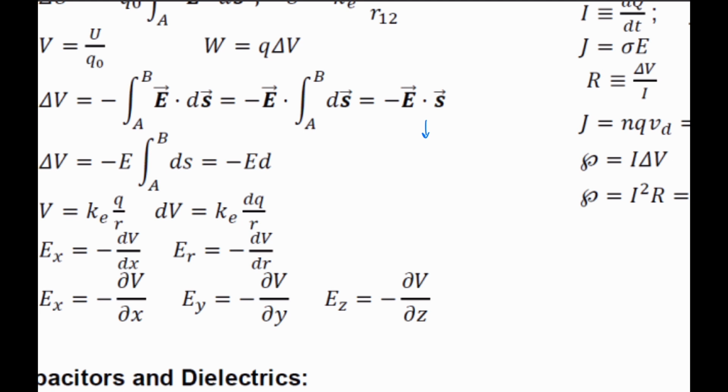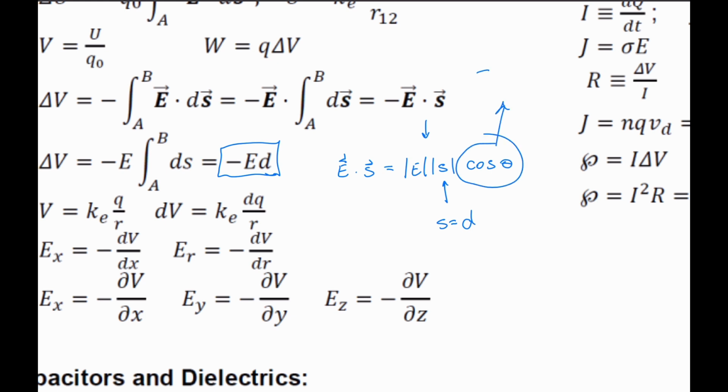Let's just take a look at what E dot s is. This is magnitude of E, magnitude of s, cosine of the angle between them. So this simplification here, they just relabel s into d. It's another way of relabeling it. It means the exact same thing, distance or displacement, whatever, except here, cosine is equal to 1.